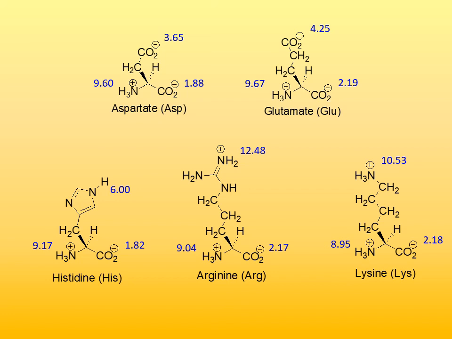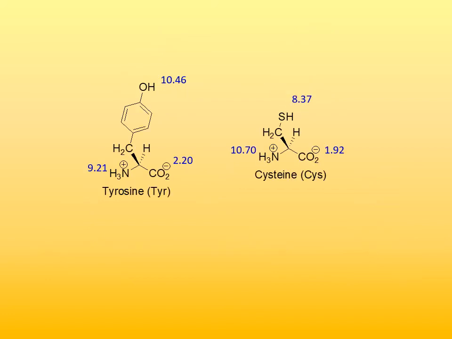Now, you may think that these are the only amino acids that have 3 pKa values, but actually that's not the case. Some of the polar amino acids that have groups that could be deprotonated also have their own pKa values. And they are listed here.